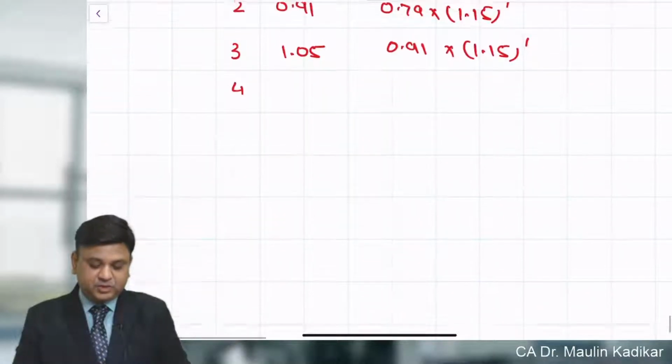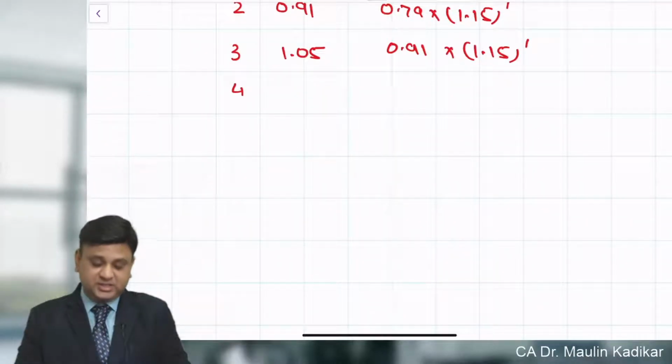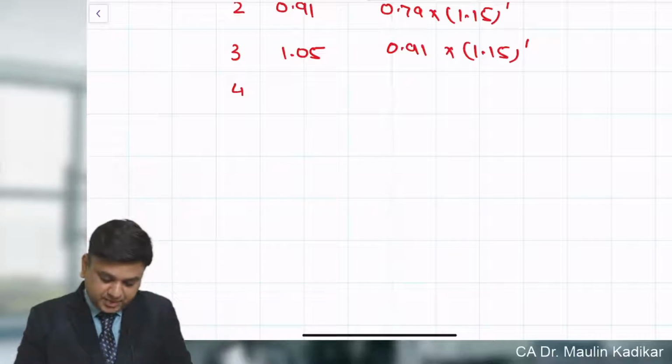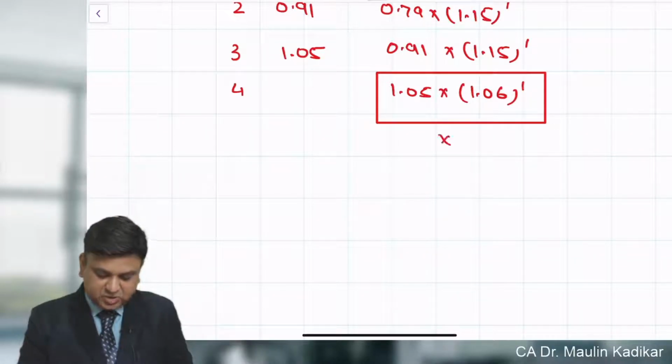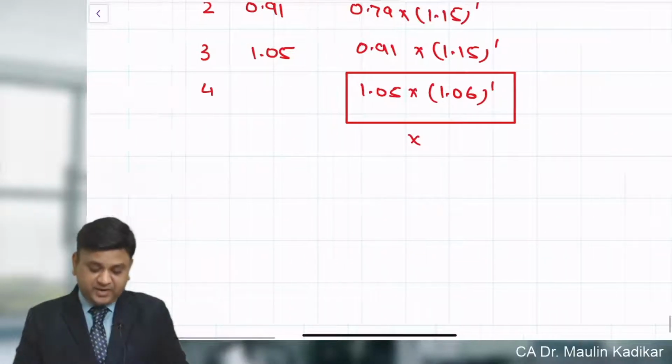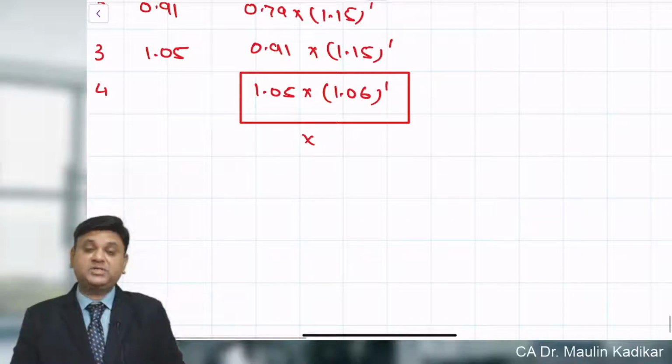Now, the fourth year dividend per share is very important. If you do 1.05 into 1.06 raised to 1, then this is a wrong answer. Why is it wrong? Because the dividend payout ratio is changing.